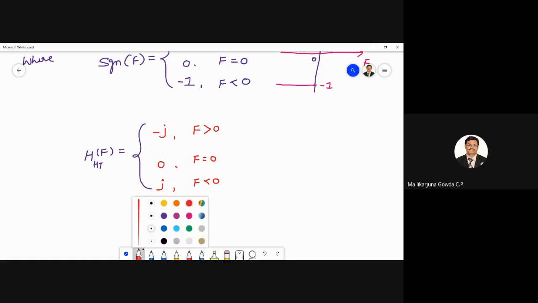So how do I represent this graphically? Similar to the top one, how I represented the signum function, the same way I can represent it here.